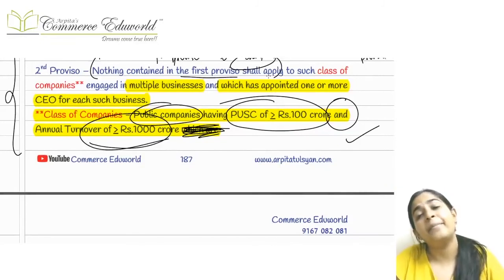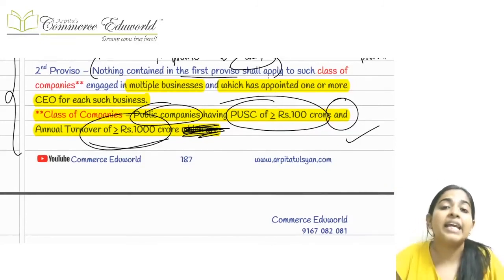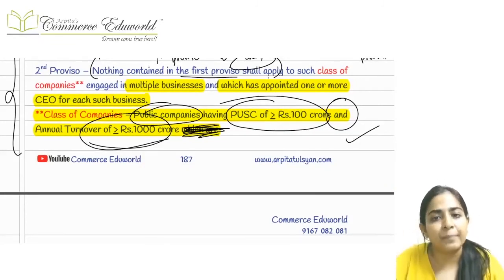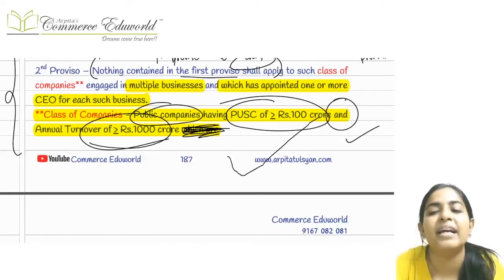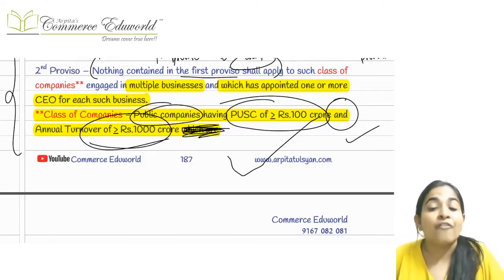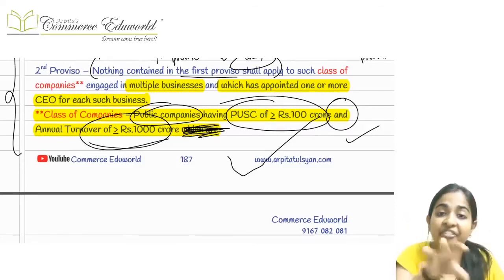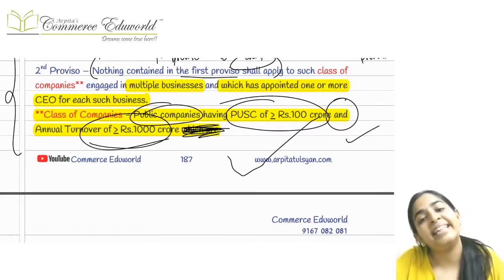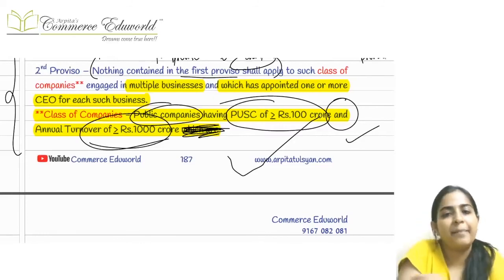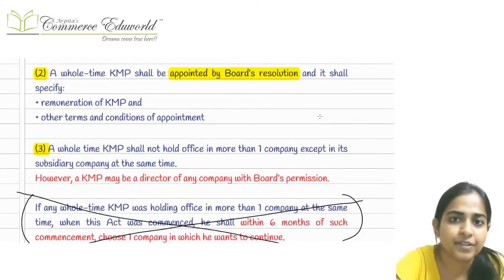Okay, another case where MD and chairperson can be the same person is if it is a big public company, and for every business, if it has got a different CEO, then in that case, MD and chairperson can be the same person.